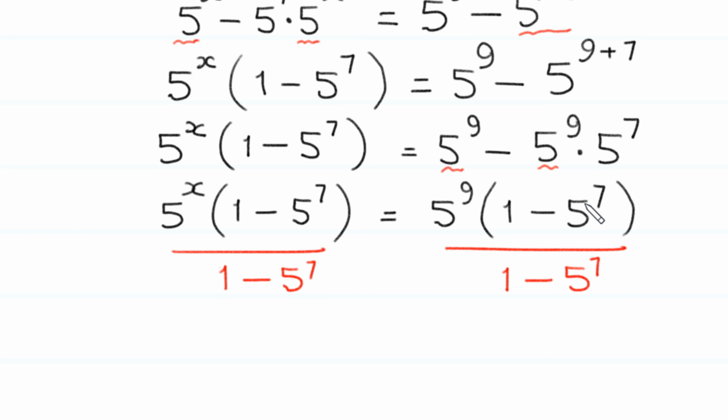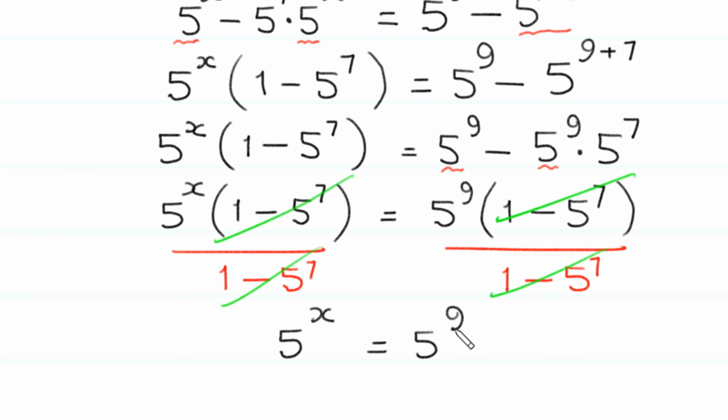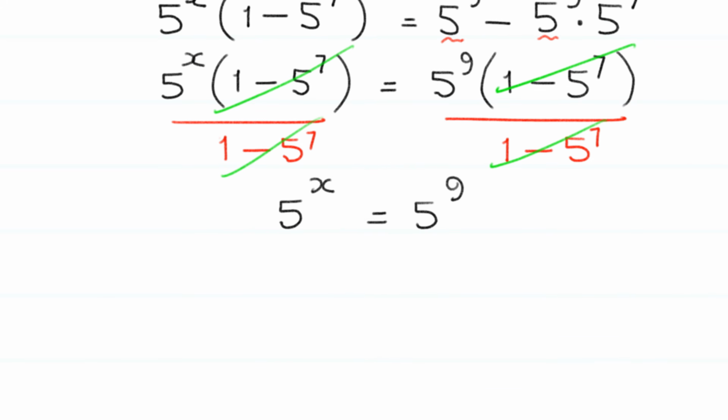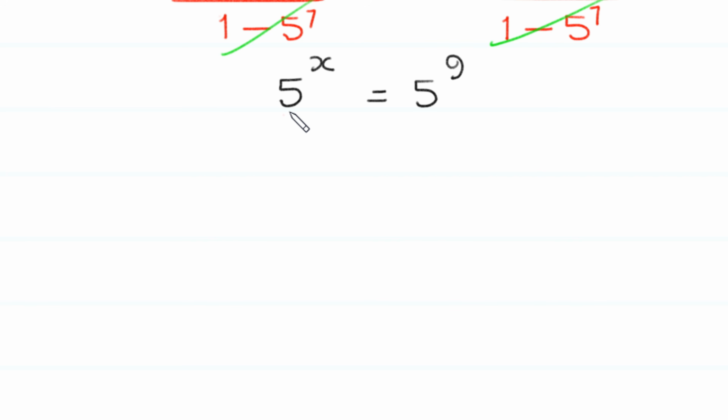This 1 minus 5^7 will be cancelled with this 1 minus 5^7, and we are left with 5^x is equal to 5^9. Now the base is the same on both sides, so this 5 will be cancelled with this 5, and we get the value of x is equal to 9. This is the final answer to this equation.